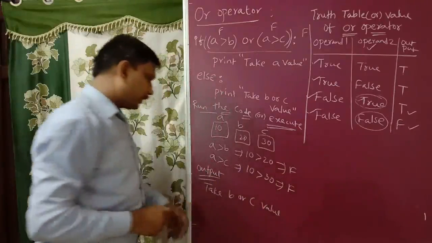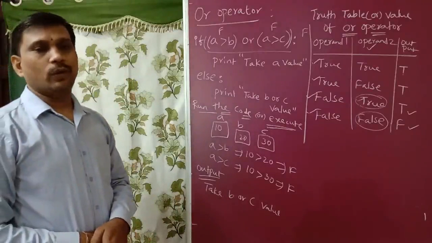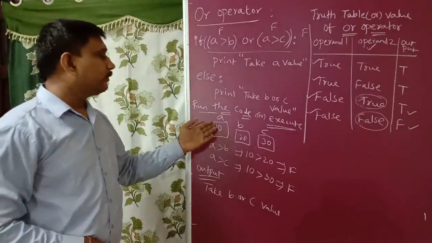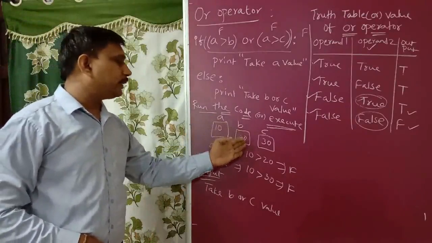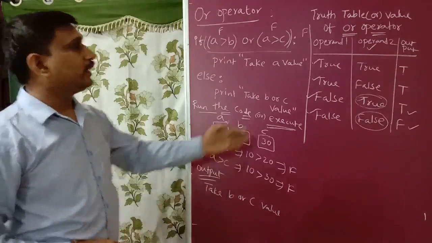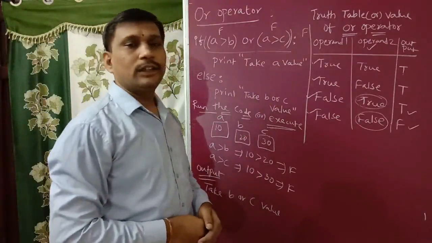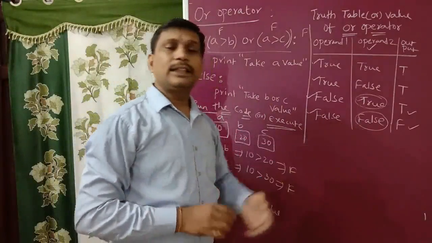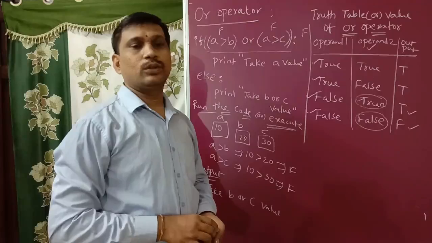This is the final output of this code when executing with A as 10, B as 20 and C as 30. In this way, the OR operator works based on the truth table.